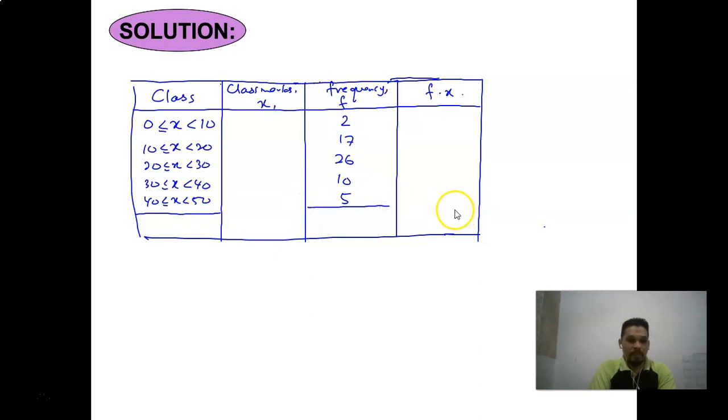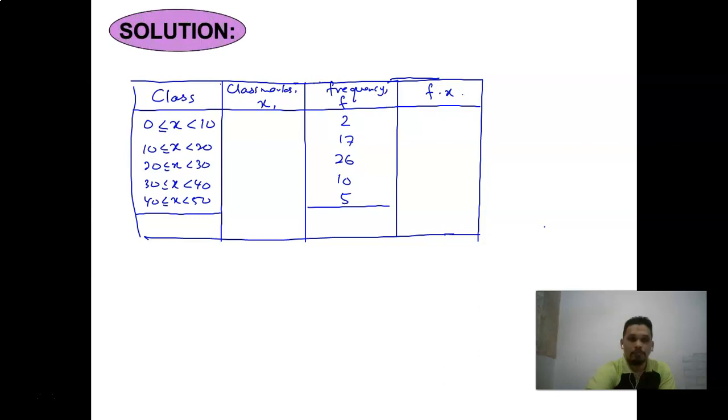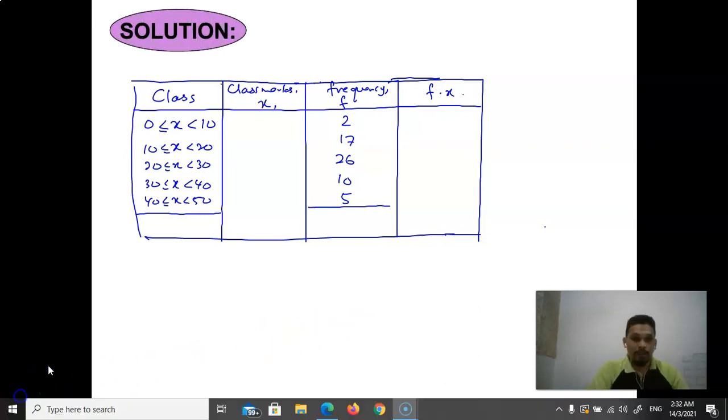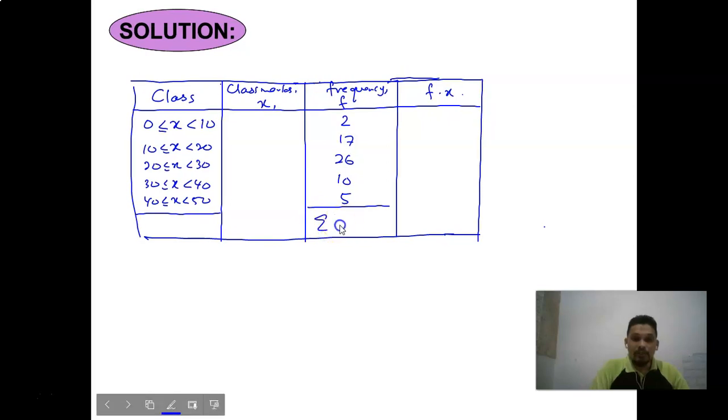Okay, so now the summation of frequency here: 2 plus 17, 19, plus 26, 45, plus 10, 55, plus another 5 equals 60.